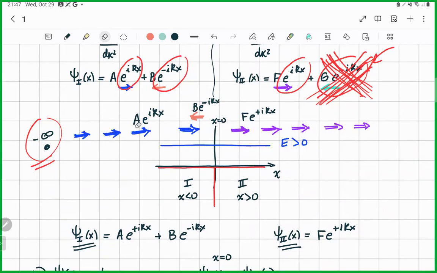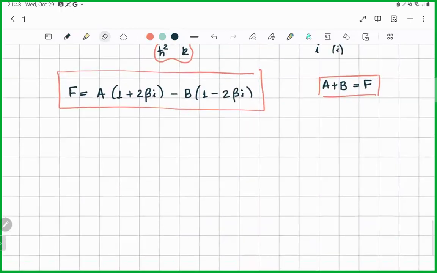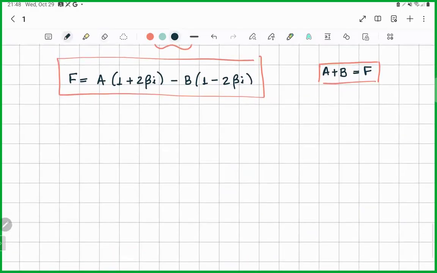Once we reach position 0, where we have that delta, part of it gets reflected, part of it gets transmitted. We can ask ourselves, how much gets reflected? How much gets transmitted? How much gets reflected is what we call the reflection coefficient.